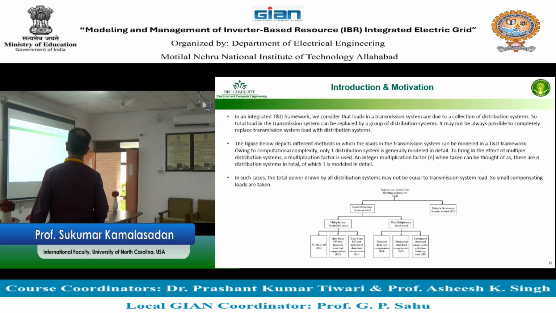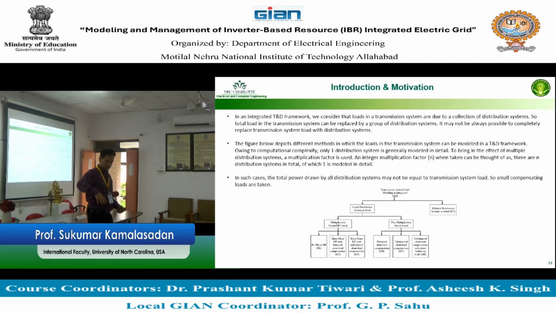So what can we do? There is another challenge. In the transmission system, several distribution networks connect. If you look at a transmission system load point, you will see 50 megawatt plus 35 megawatt. The 50 megawatt will be 5 distribution systems of 10 megawatt.